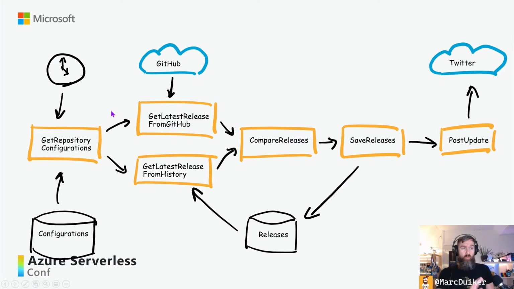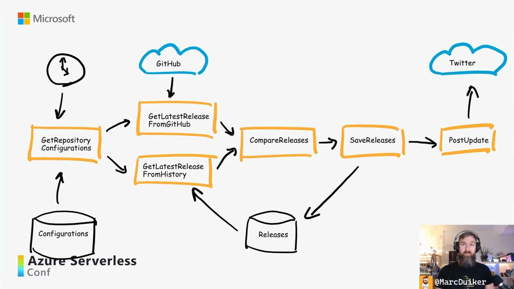So this thing is a workflow, and workflows can be made, like I said before, in Logic Apps. But if you're creating workflows in code, then Durable Functions is a great choice. So I won't go into a lot of detail about all of the possibilities you have with creating workflows in Azure Functions.